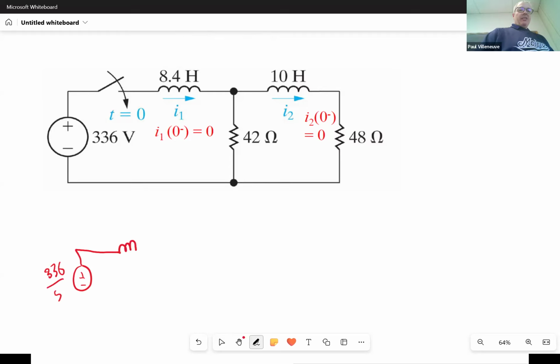What does my inductor look like in the Laplace domain? Remember the circuit analysis? What did we do? If there's an initial condition, but there's no initial condition, so what's that? No, this is in the Laplace domain, right? Not in the time domain.